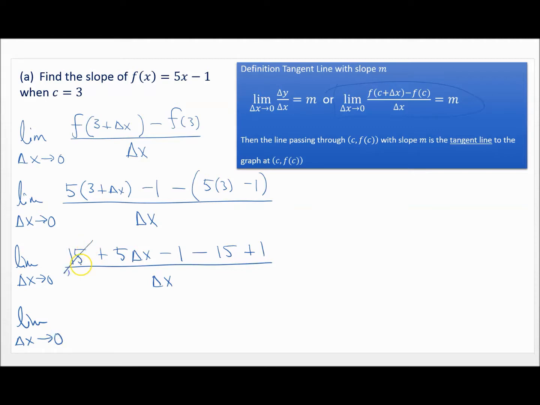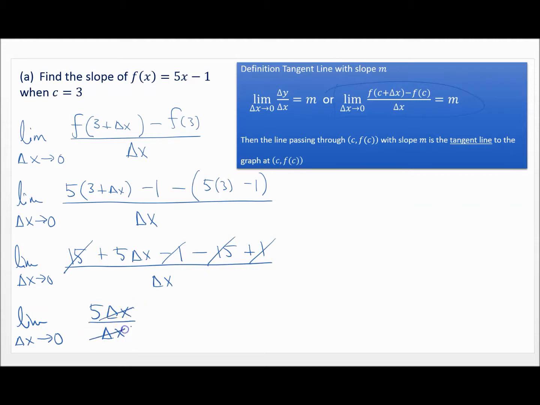Now look at this. This 15, I'm sorry, cancels with this minus 15. This negative 1 cancels with this plus 1. And I'm left with 5 delta x divided by delta x. Okay, remember delta x is a single variable. Don't think that's delta times x. It's not. It's just one thing. It's delta x.